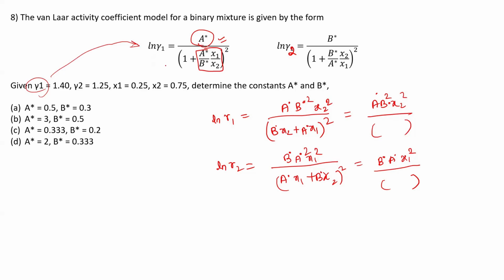So that's why ln gamma 1 by ln gamma 2, I am dividing both these, is A B square x2 square by B A square x1 square. So B by A x2 by x1 whole square, okay?